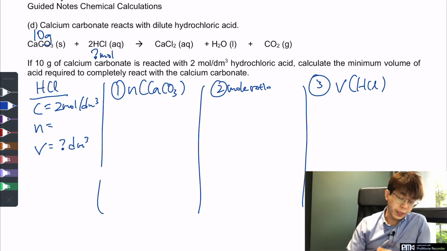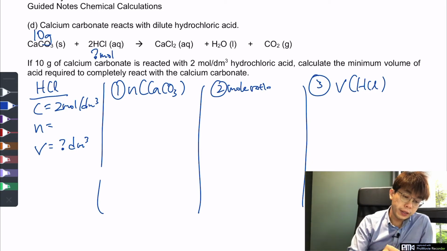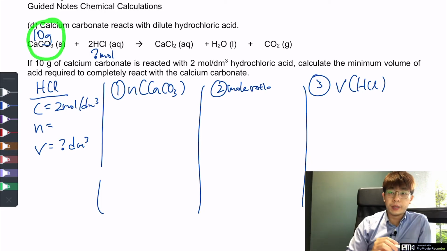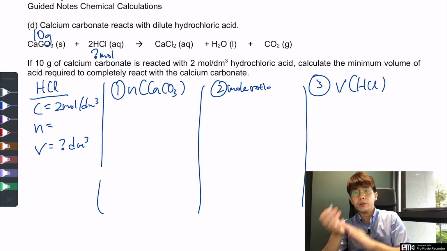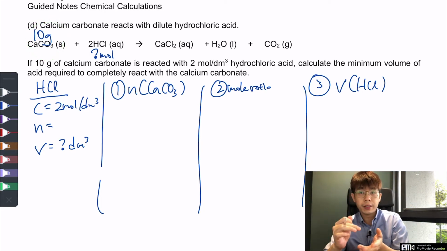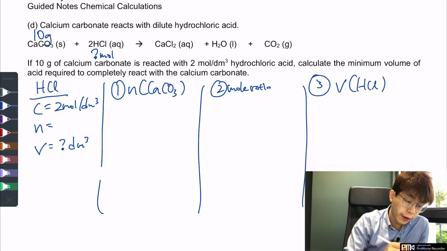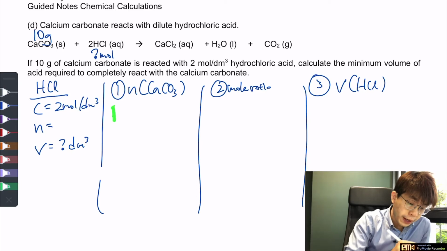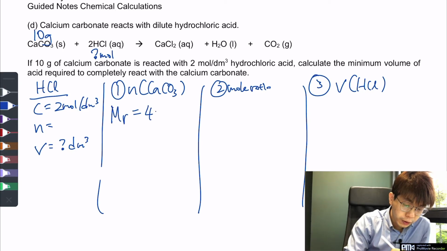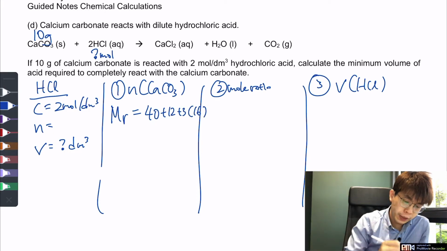So let's begin. First, I'm given the mass of calcium carbonate. We have learned how to calculate moles from mass, so let's make sure that we get it correct. We first find Mr. Mr equals 40 plus 12 plus 3 times 16, and I believe that is 100.